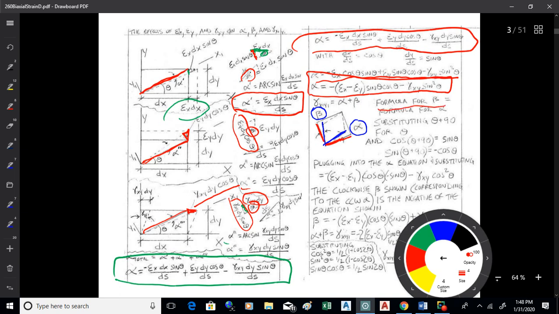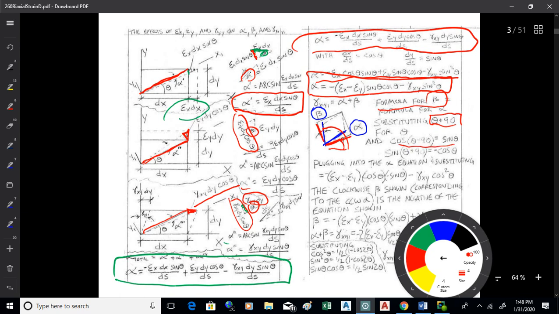Now the formula for beta is the same formula as we have for alpha, except we've got to put theta plus 90 degrees in every time we see theta. What we're doing there is changing from this angle, and now we're going to add 90 to it and get over to that other side. So instead of theta, we're plugging in theta plus 90.